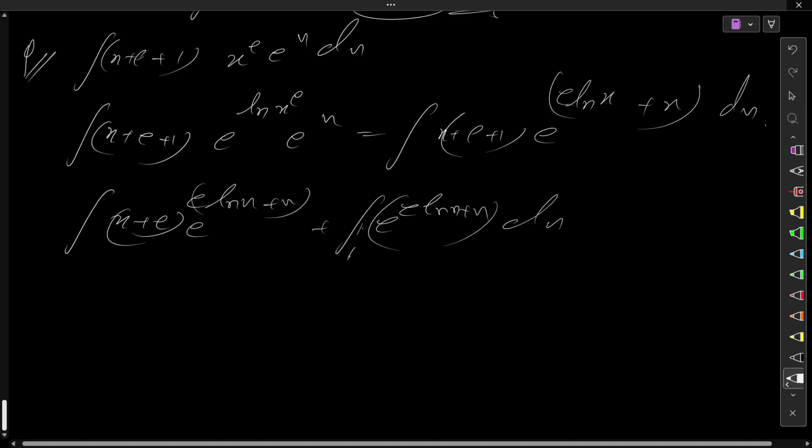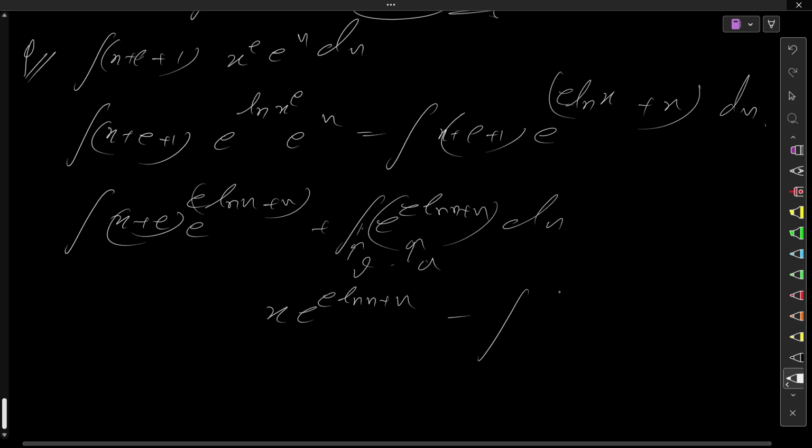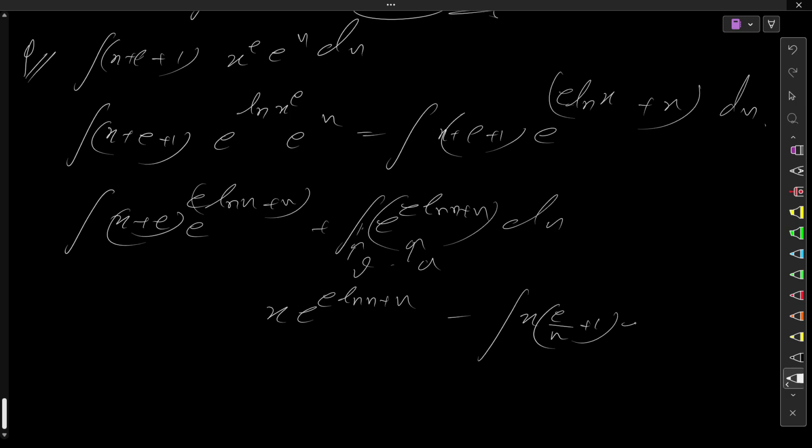Right, so I'll take 1 as v. So from there I'm getting x e to the power of e ln x plus x minus the integral, as I'm applying integration by parts. So I'm getting x, and then the derivative, that is e over x plus 1, times e to the power of e ln x plus x dx.